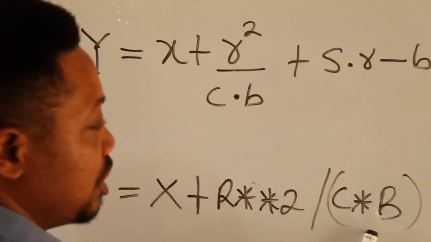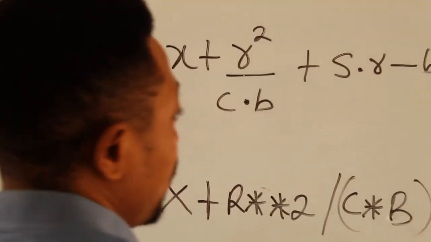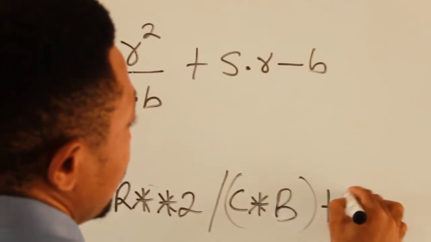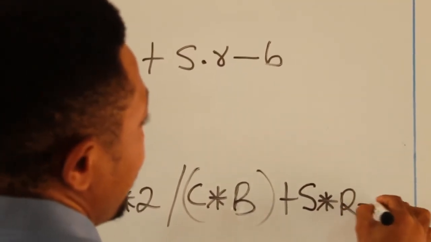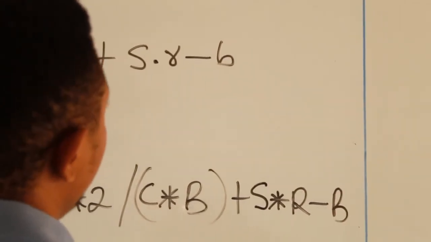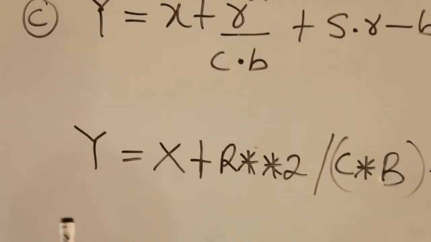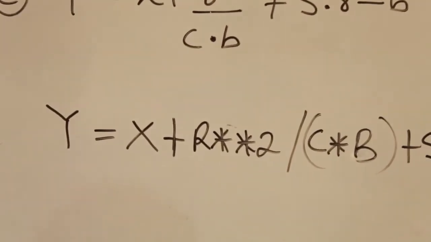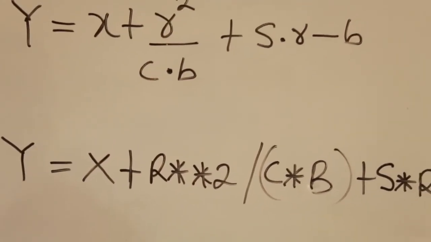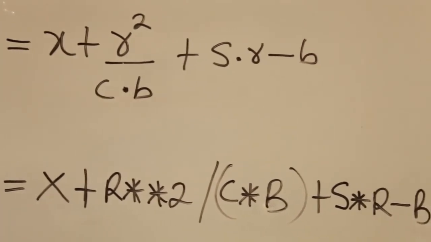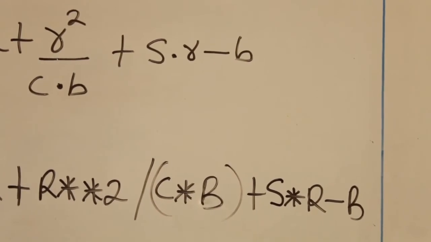So that's why it is put in the bracket. So you know that this is multiplied by this. Plus s multiplied by r minus b. So it's y equal to x plus r raised to the power of 2, divided by c multiplied by b plus s multiplied by r minus b.